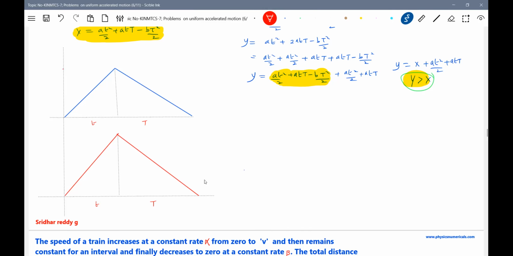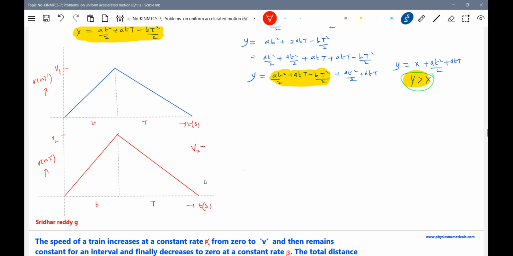The velocity acquired will be different. Here v1, this will be v2. I think it's very simple. The area under the VT graph gives the distance covered. So look at the area of the triangle. They are different, so definitely you can expect the average velocity to be different. V2 greater than V1.